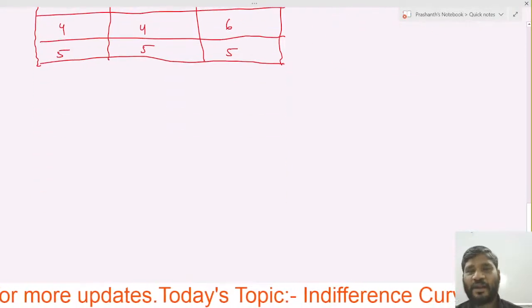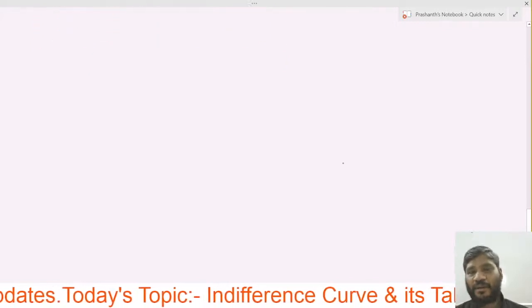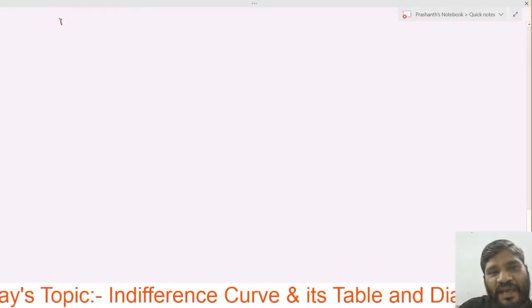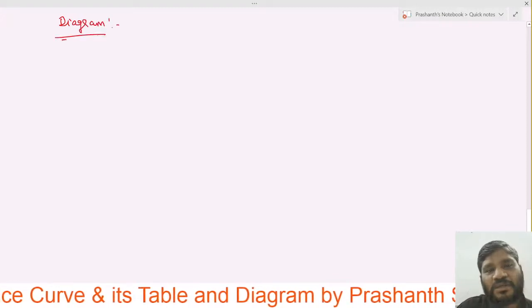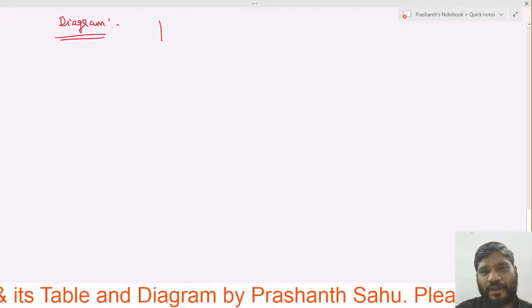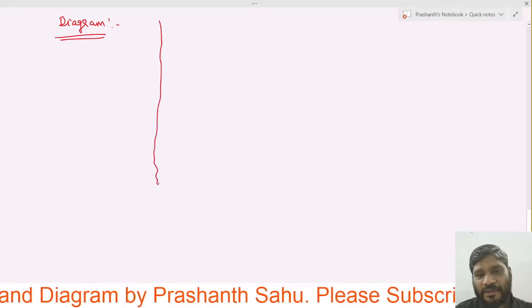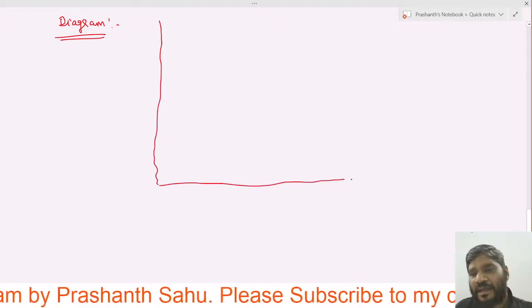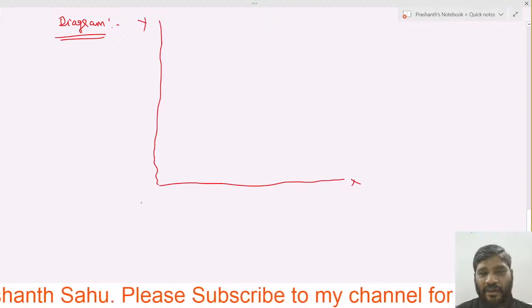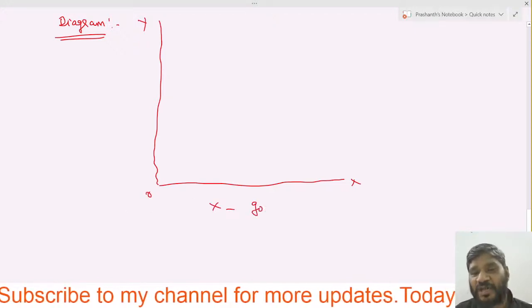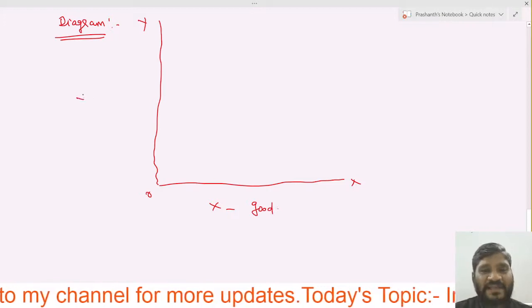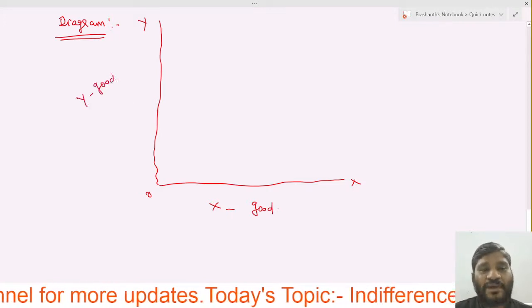So let me draw the diagram. So here I am taking the diagram. Right? So here I am drawing. Okay. This is the X-axis and this is the Y-axis. The X-axis shows the X good, and the Y-axis shows the Y good.